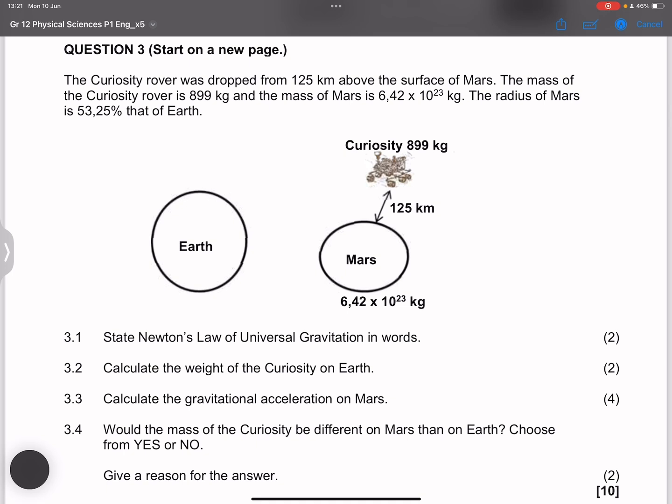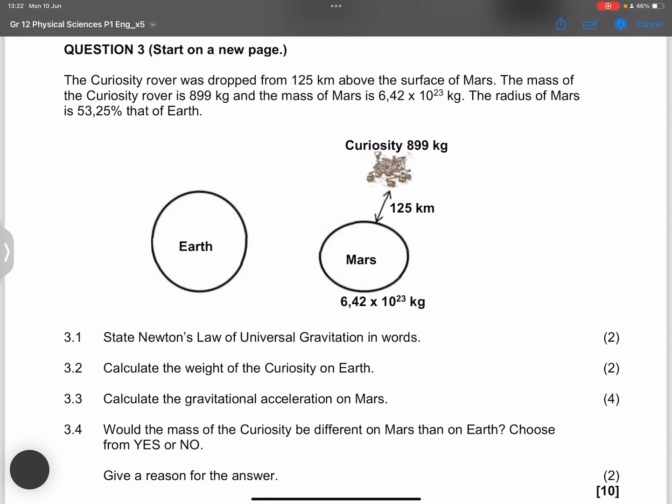Now, ladies and gents, they want us first to state Newton's law of universal gravitation. And remember, how do we state that? We say that every object will attract every other object in the universe with a force that is directly proportional to the mass of the objects and inversely proportional to the square of their distance apart from their centers of mass.